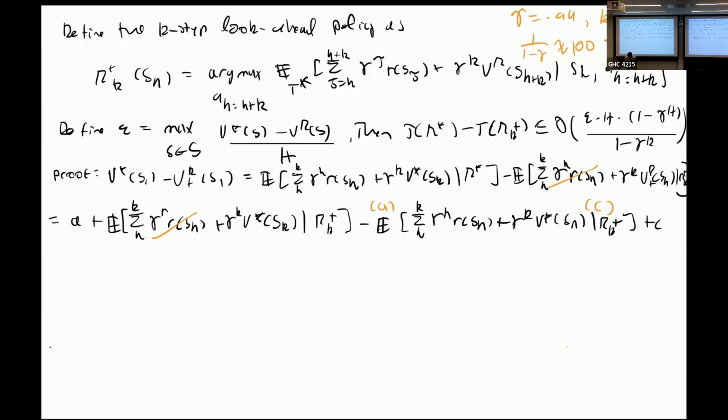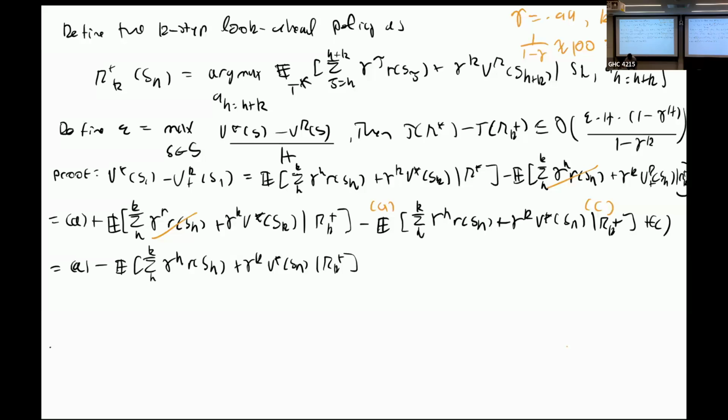So, okay, let's cancel those terms. Then what we have left is the following. We're going to have, in brackets, A minus the expectation of the sum from little h to k of the cross term that's left: gamma to the h R of s_h, plus gamma to the k V star of s_h, all of this conditioned on pi k plus.